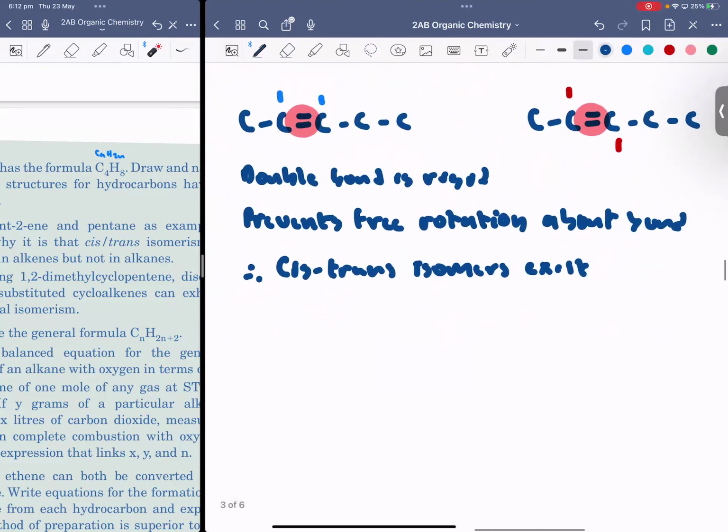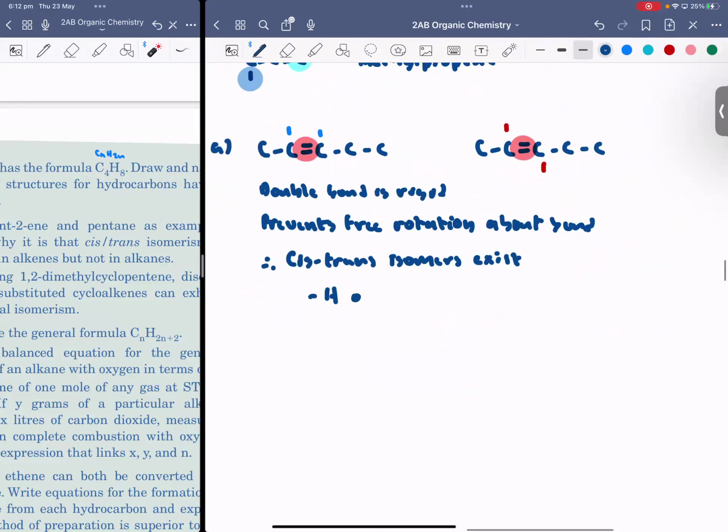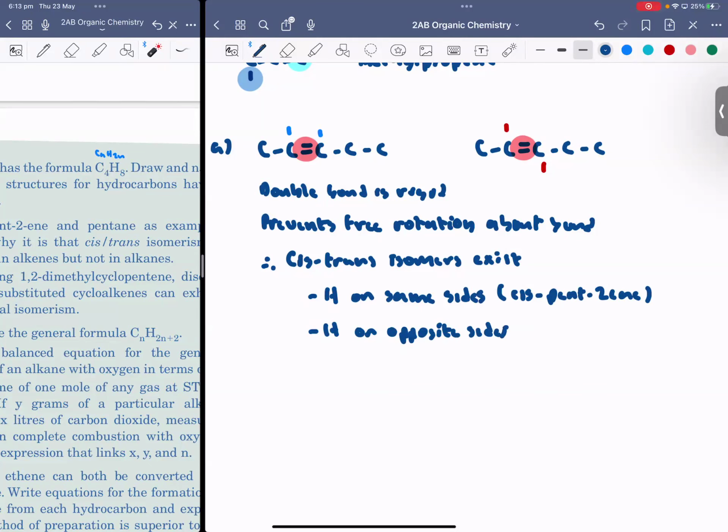Cis trans isomers exist, and I'm going to write: hydrogens on the same side would be the cis version of pentene, and hydrogens on opposite sides would be the trans version of pentene.